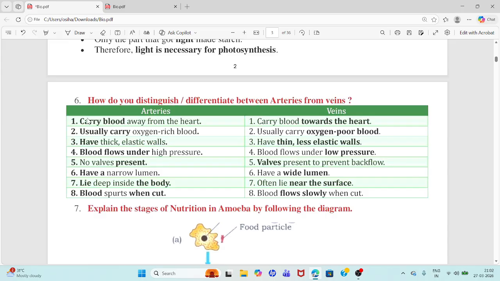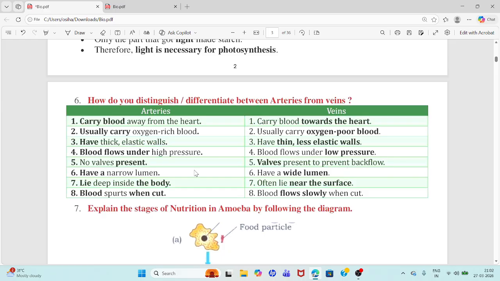You can see arteries carry blood away from the heart. Veins carry blood towards the heart. Arteries carry oxygen-rich blood, veins carry oxygen-poor blood. Thick elastic walls, thin less elastic walls. Blood flows under high pressure, here low pressure.